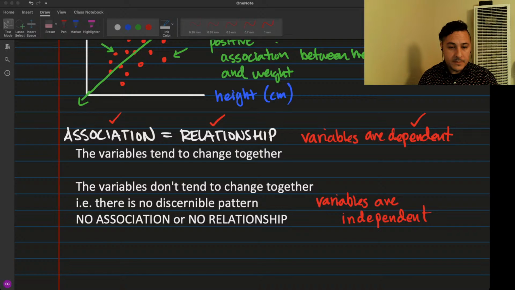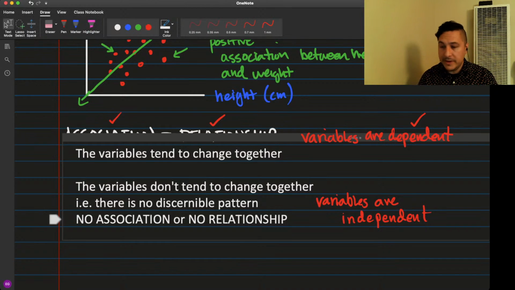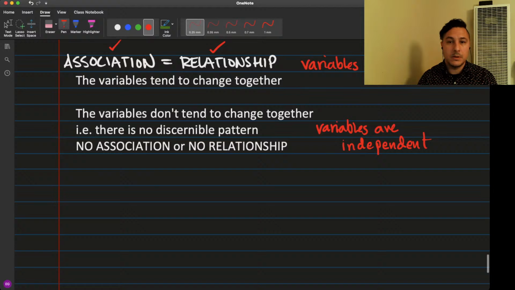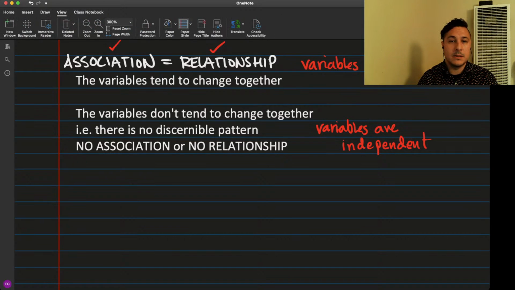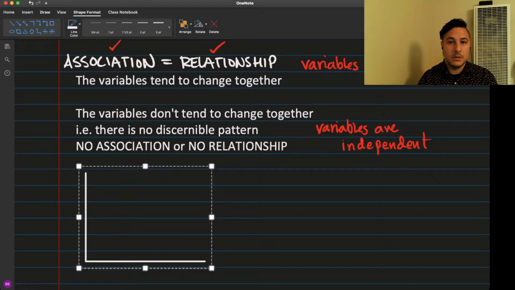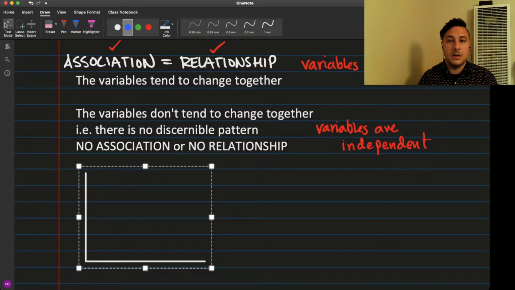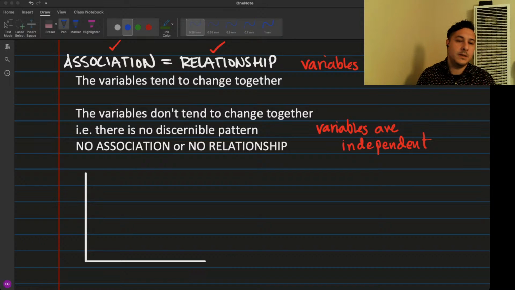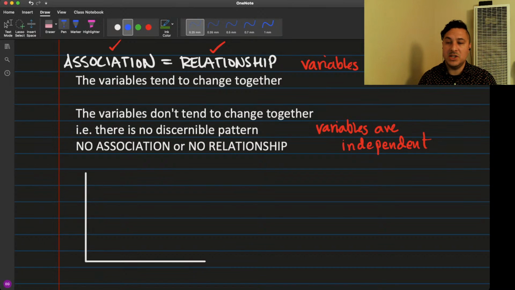Let me show you, I'm going to scroll down a little. What does it look like when there seems to be no connection between the variables or no relationship? Let me draw my x and y axis. Let's come up with some variables. One of the variables will be shoe size.